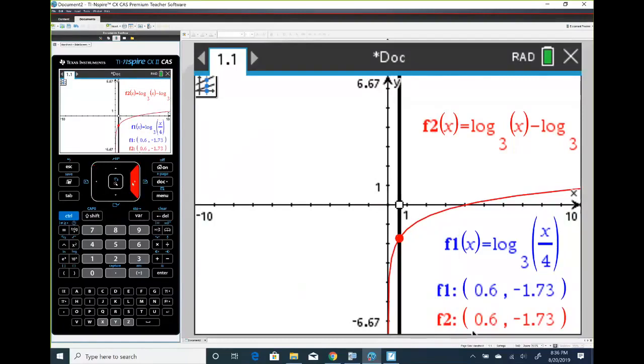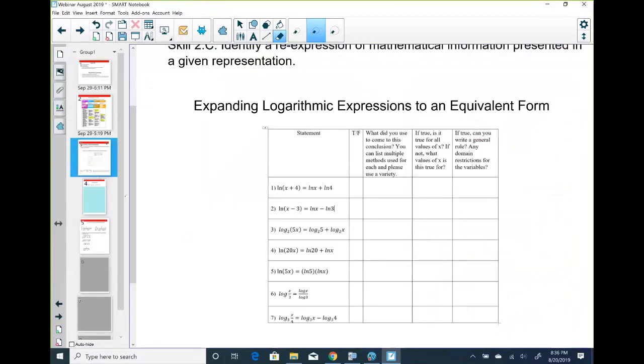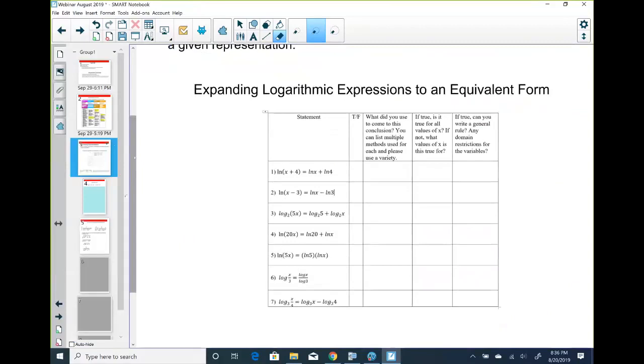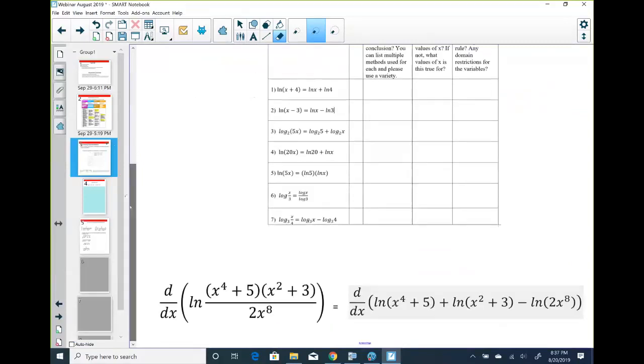Okay? So let's go back to my slides and look at this. So there's just a little snippet again of how you can have students look at that. And where does this come in handy in calculus? Well, in calculus, we do take the derivative of natural logs. And for that expression on the left side, I really have no desire to take a derivative of a log with a quotient rule.